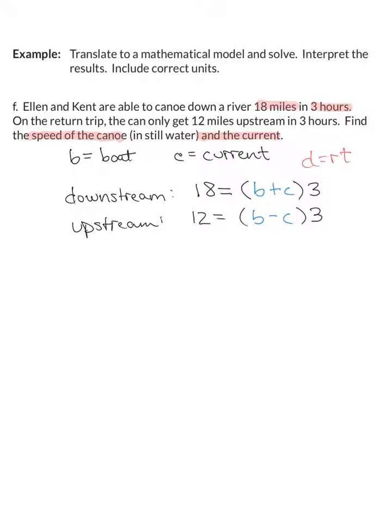Okay, so now let's go ahead and solve this. Now there's two ways that you can solve this problem. The first thing that we could do is we can distribute, and we get 3b plus 3c is equal to 18. We also have 12 equals 3b minus 3c.